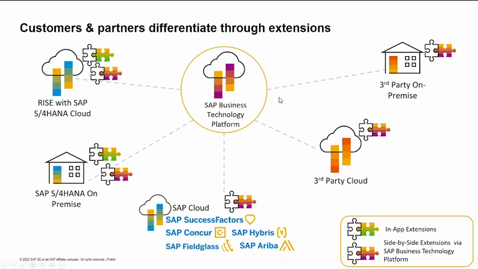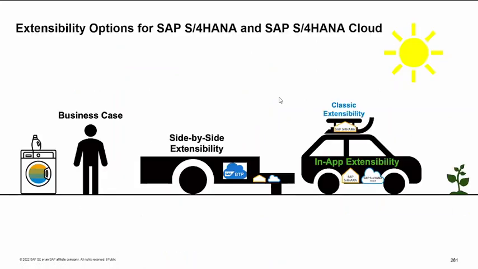To explain that a little bit, let's start with in-app extensibility. In-app extensibility is what we can do within SAP S/4HANA Cloud. In our picture, this would be, for example, folding down the back seats.